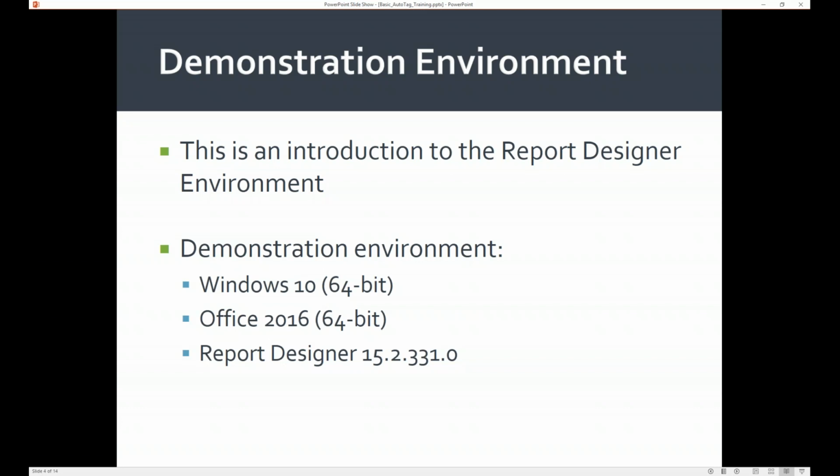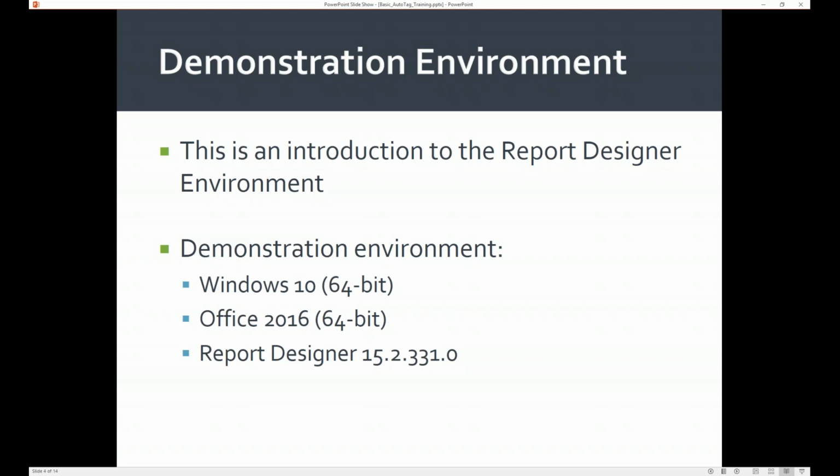But for today, the machine I'm working on is Windows 10 operating system, which is 64-bit. And I'm also using Office 2016, which is also 64-bit. It's okay to use 32 or 64-bit. We recommend using 64-bit as this allows you to utilize all the memory on your machine when you're building a template and gathering the data, because sometimes you're pulling in a lot of data and that requires a lot of memory.